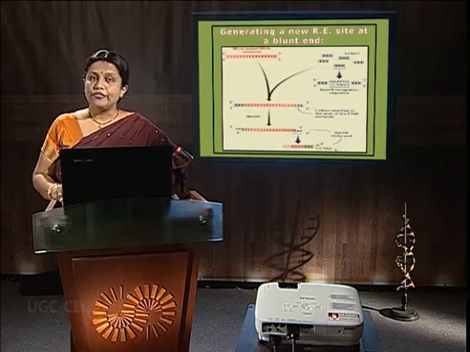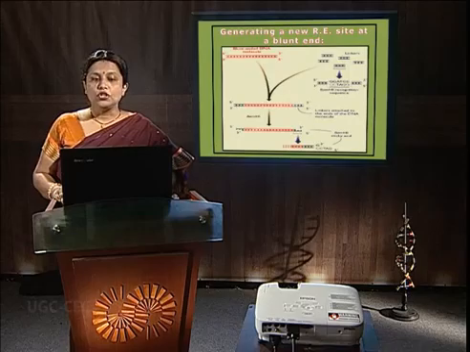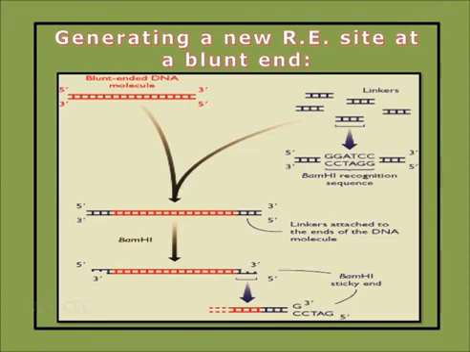Next is, if you are in a situation wherein you want to generate some new restriction endonuclease sites in your blunt-ended DNA, then what are the options? You will be using certain linker DNAs. What are linker DNAs? They comprise restriction endonuclease recognition sites which can be generated by synthesizing DNA artificially.